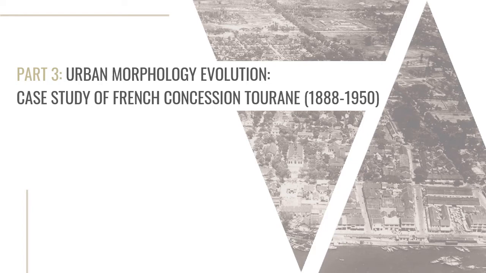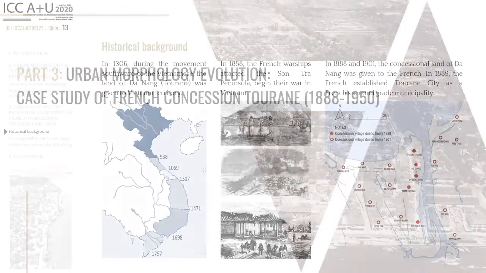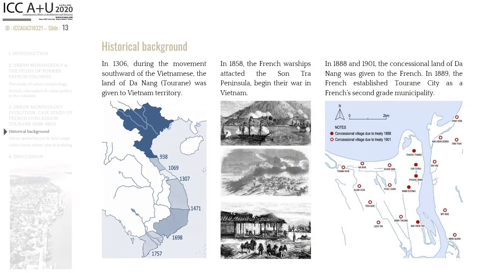In part 3, the case study of French concession Tourane will be analyzed, with a focus on urban morphology evolution within the period of French domination from 1888 to 1950. The history of Tourane is associated with the movement southwards of the Vietnamese.